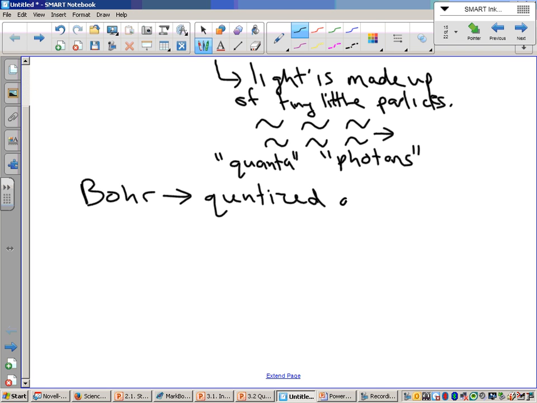Quantized angular momentum. Now this is more detail than I normally give. Don't write the rest of the equation down. You can write down quantized angular momentum.